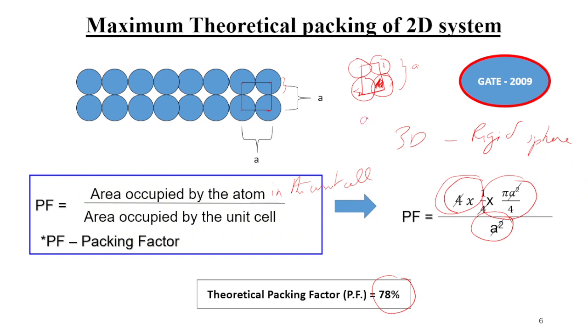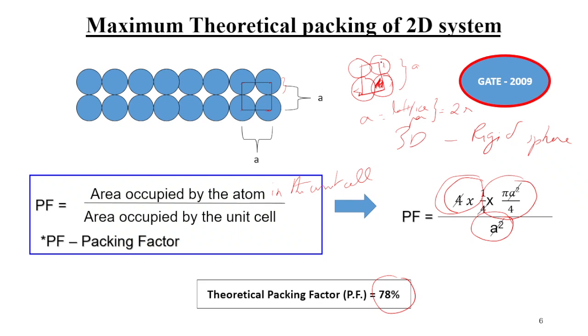So when we are talking about the interatomic distance, that is a, or the lattice parameter, it will be equal to the radii of the 2 atoms. That's why we are considering it like this. When we consider a unit cell like this, the whole atom is not covered within the unit cell.